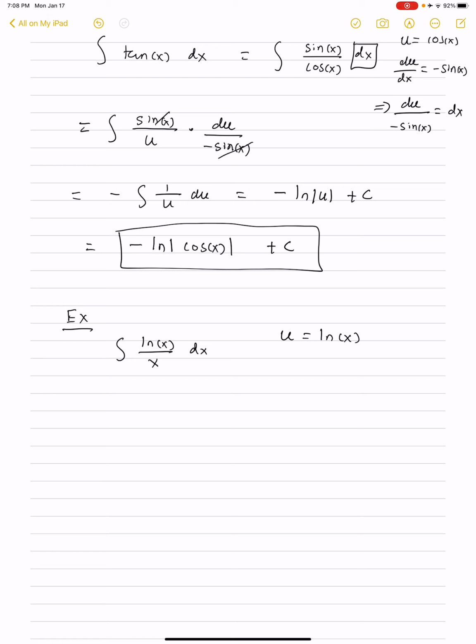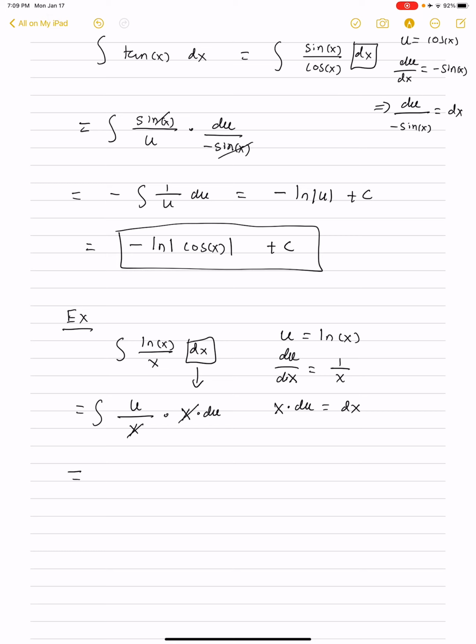So instead, we'll take the substitution to be ln of x. In that case, du over dx is the derivative of ln of x, that's 1 over x. This says that x times du is dx. So this becomes u over x, but instead of dx, we replace it with x times du.